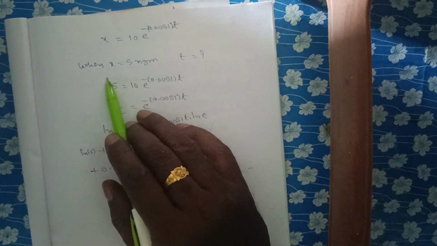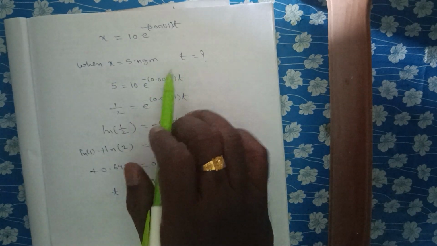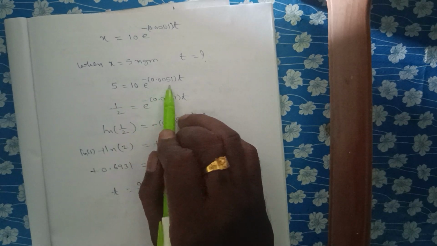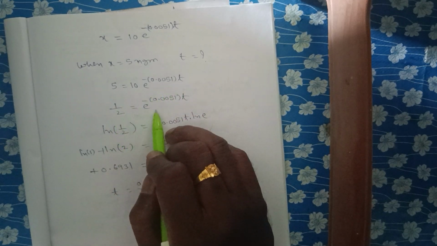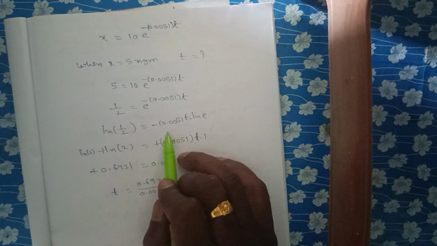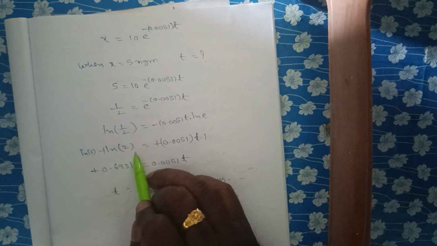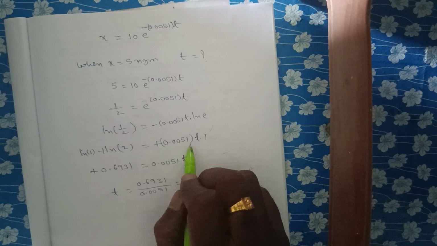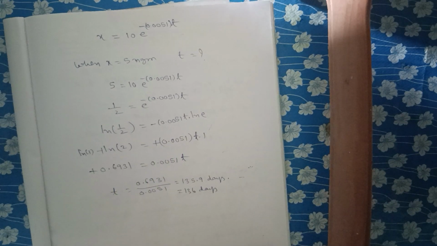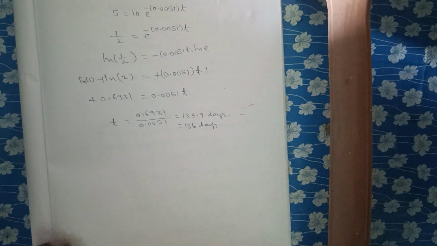Now we want to know the time when x is equal to 5 mgm. Then 5 is equal to 10 e power minus 0.0051 t, so 1 by 2 is equal to e power minus 0.0051 t. ln 1 by 2 is equal to minus 0.0051 t into ln e. ln 1 minus ln 2 is equal to minus 0.0051 t. So the value of t is approximately 136 days.